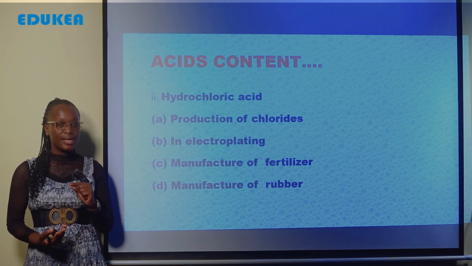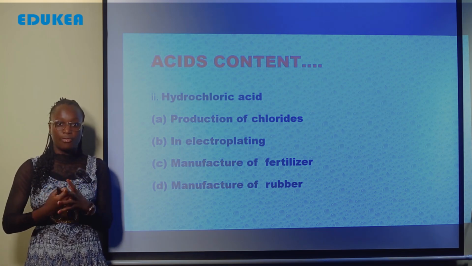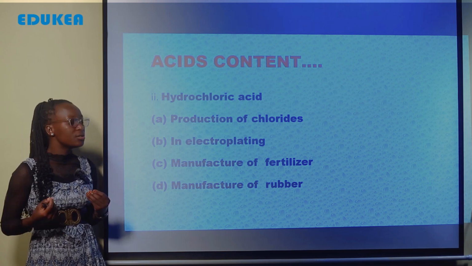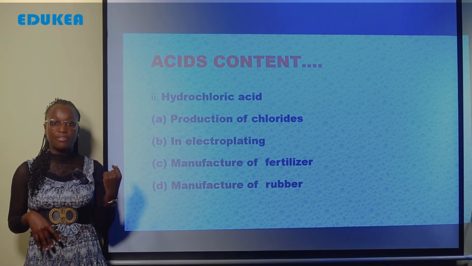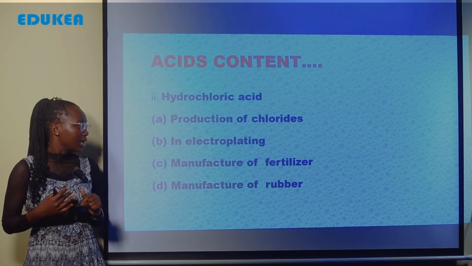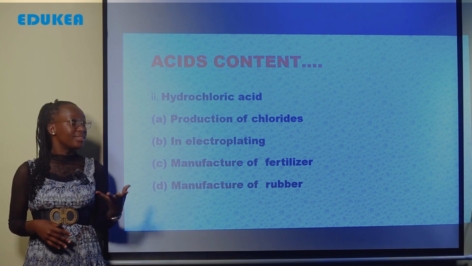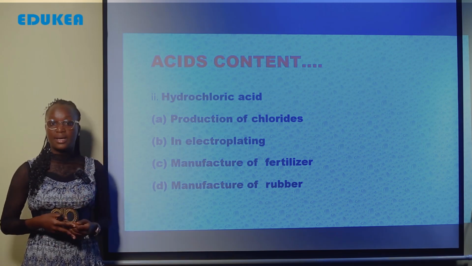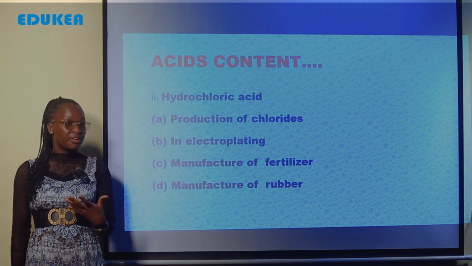Another use is manufacturing of fertilizer, as we have seen in the sulfuric acid. So the same hydrochloric acid can be used in manufacturing of fertilizer. Kumbe tunaweza kutumia pia this hydrochloric acid katika making the fertilizers. Another is manufacturing of rubber. We can use the hydrochloric acid to make rubber.